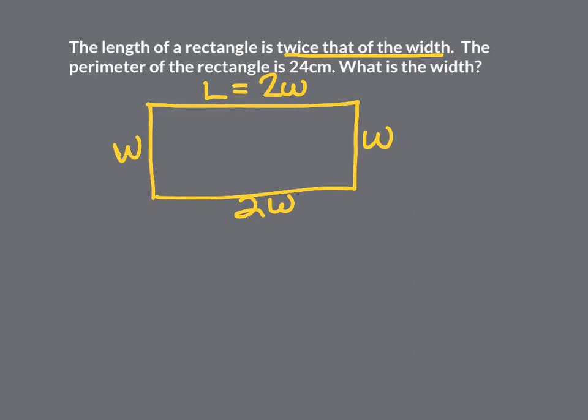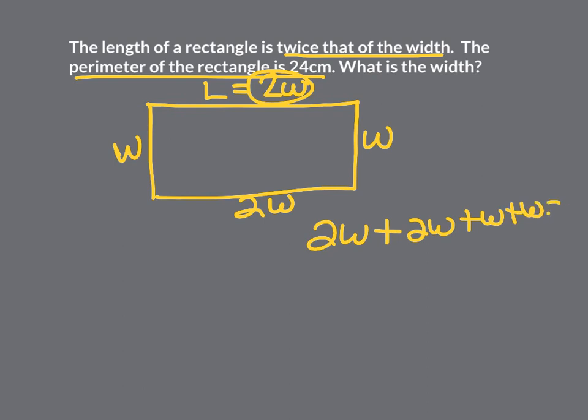It says the perimeter is 24. So we're going to say 2w plus 2w plus w plus w equals 24. So 6w equals 24.